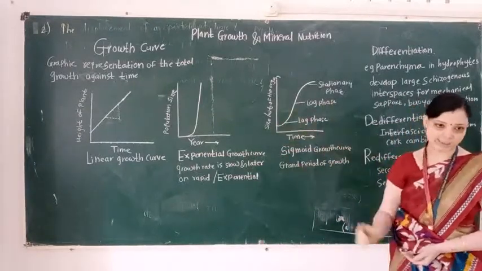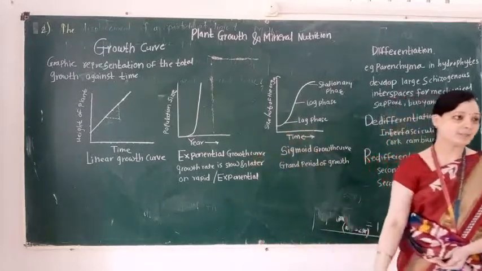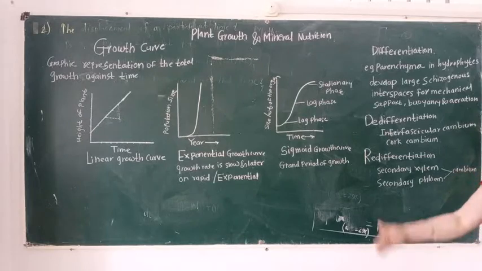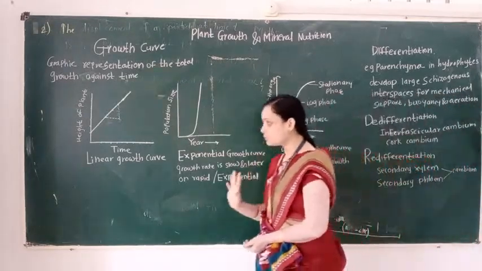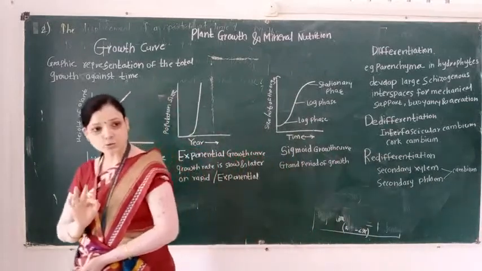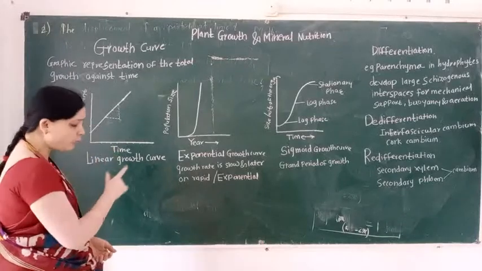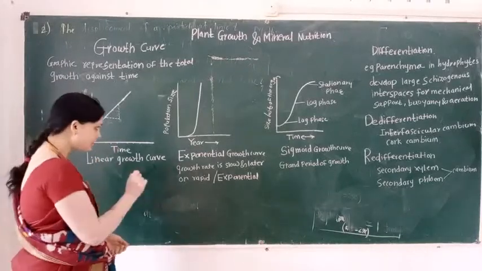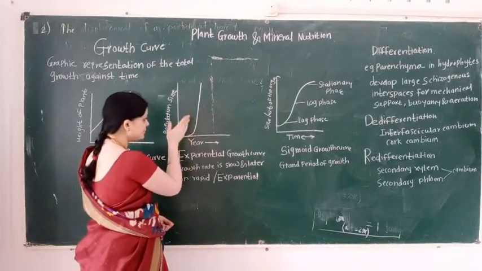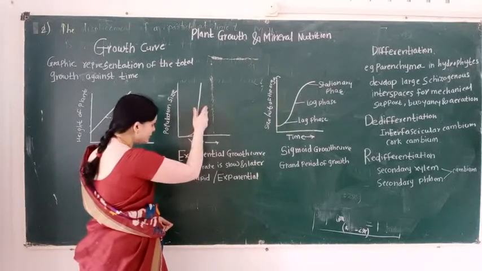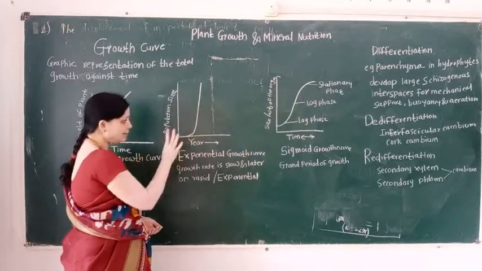First type is known as a linear growth curve, second type is known as an exponential growth curve, and third type is known as a sigmoid growth curve. In linear growth curve, growth takes place constantly. In exponential growth curve, in the initial stage, growth rate is slow, and then in the final stage, the growth rate becomes rapid or faster.